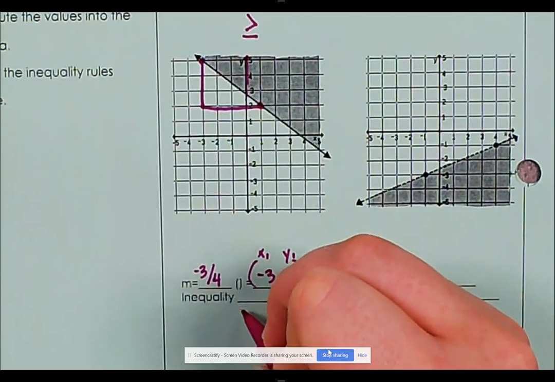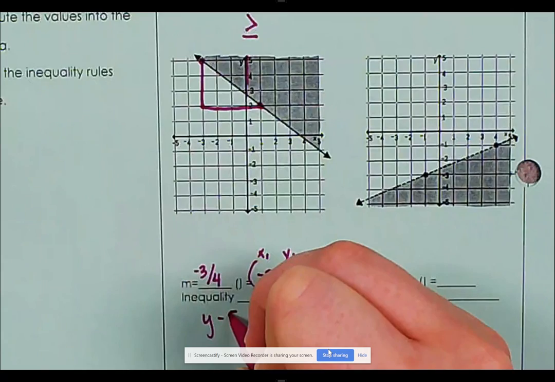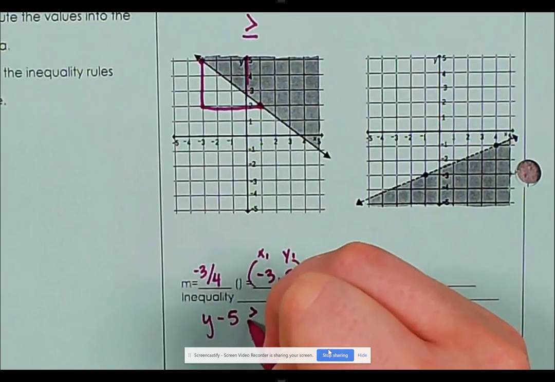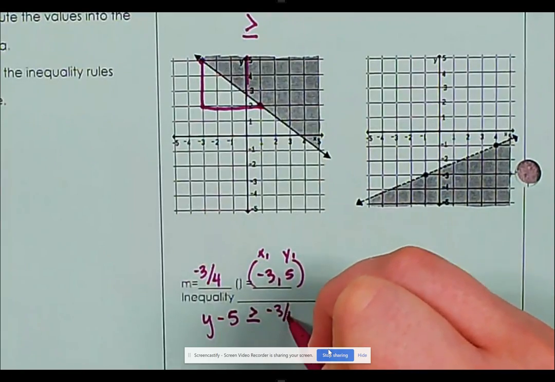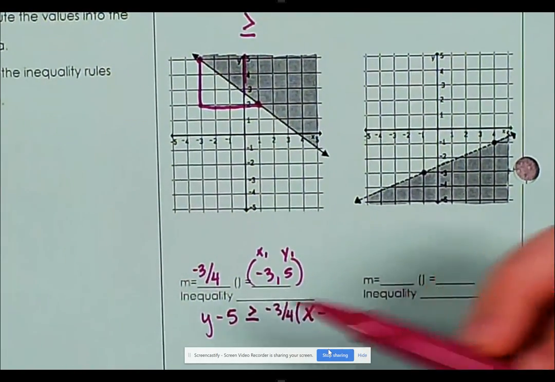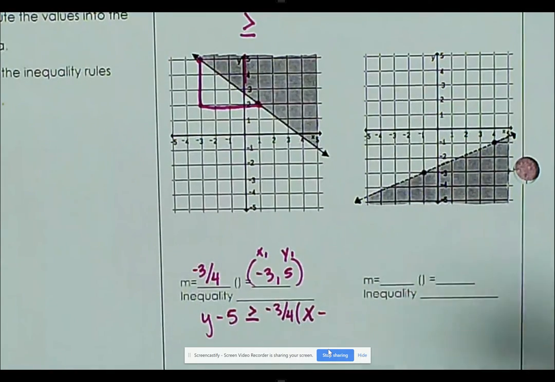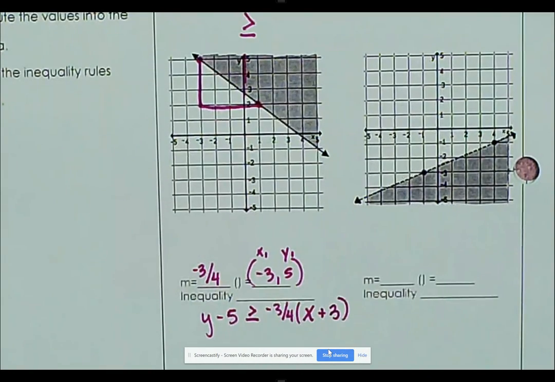So I'm going to end up with y minus 5 is greater than or equal to negative 3/4 times x minus, now I have this negative 3. I'm not going to put minus negative 3 because that is not completely simplified. I have to put plus 3. And that will be my inequality there.